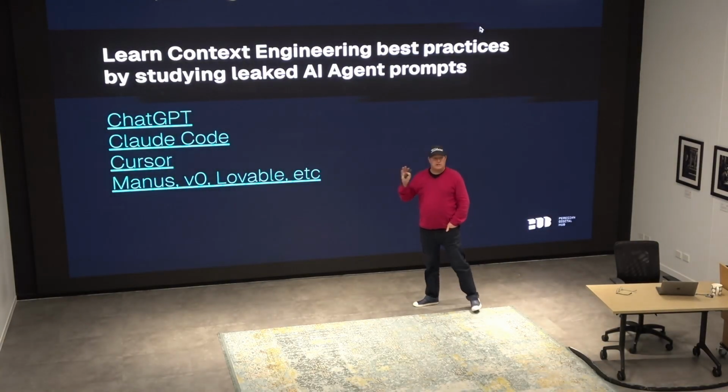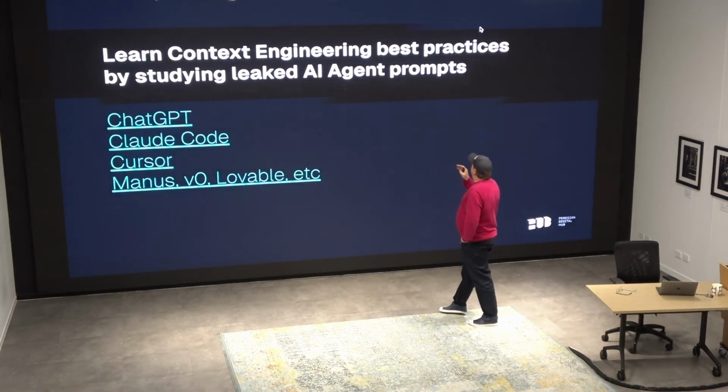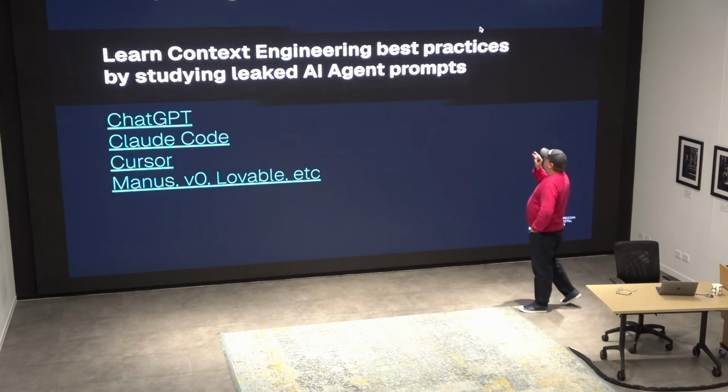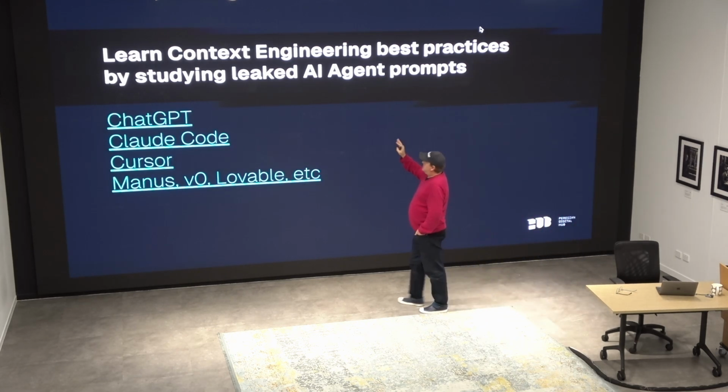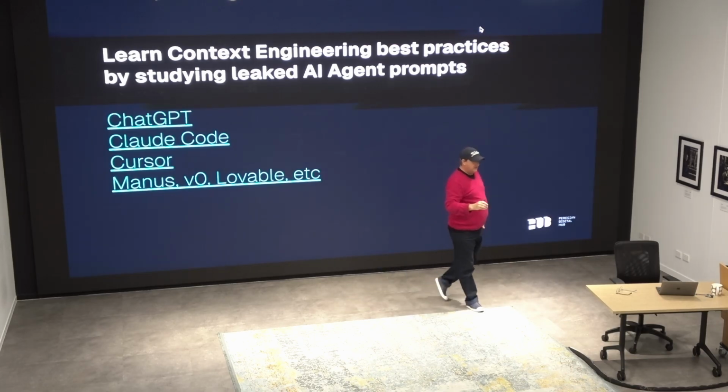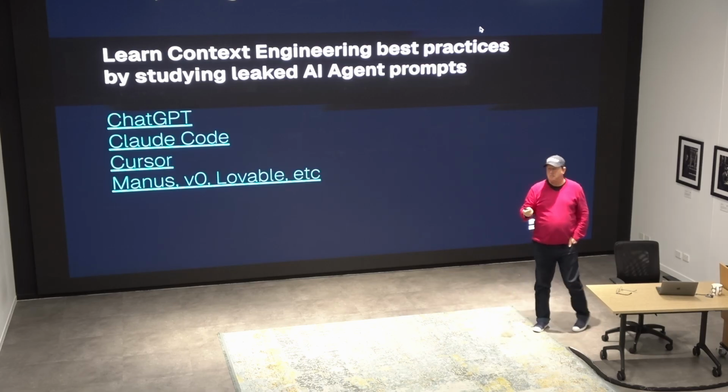One of the best ways to learn context engineering is to do something quite naughty, which is to go and learn the best practices by studying the leaked AI agent prompts that others have basically published online.